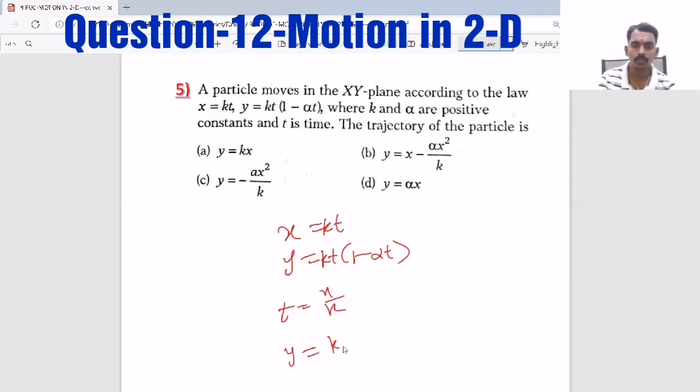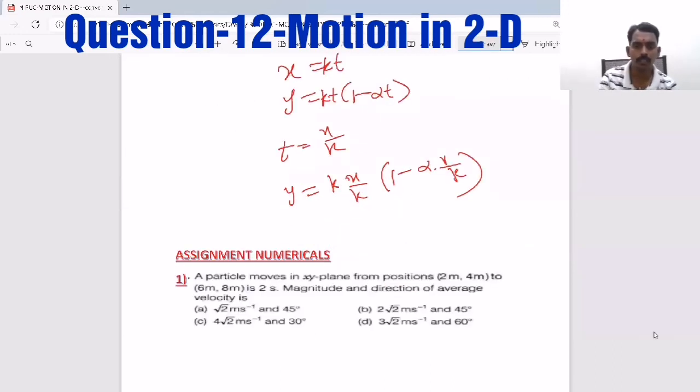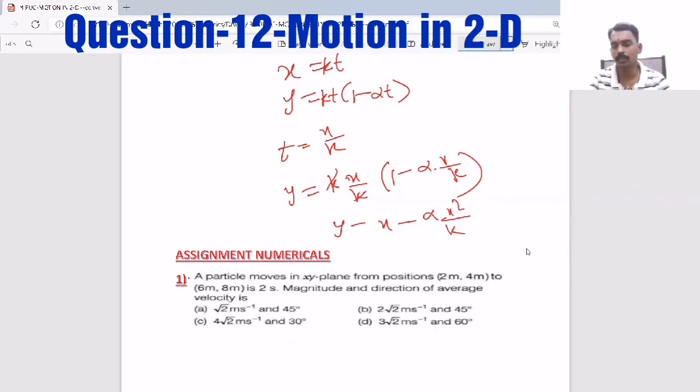So that y equals k into t, which is x by k, into 1 minus alpha into x by k. Now if you just multiply it, k gets cancelled. So y equals x minus alpha x square by k. So this is the relation between y and x, and this only we call the trajectory of the particle. Trajectory means the relation between x and y coordinates.